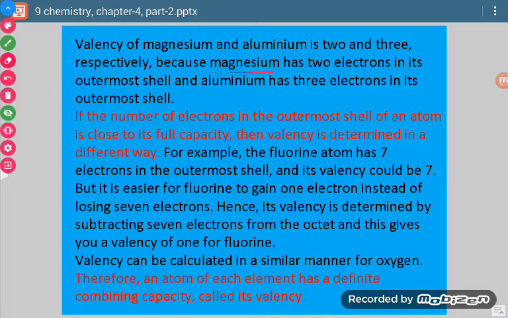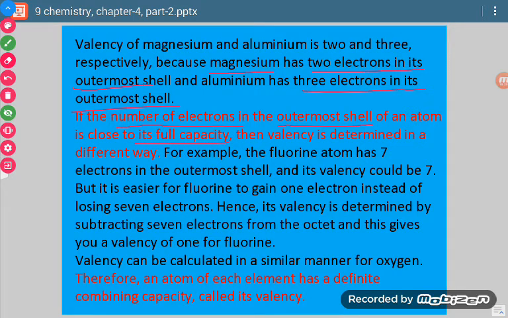Because magnesium has 2 electrons in its outermost shell and aluminum has 3 electrons in its outermost shell. So they can lose these electrons so that they can acquire 8 electrons in their outermost shell. Now the question arises, if in some case the number of electrons in the outermost shell is close to its full capacity.